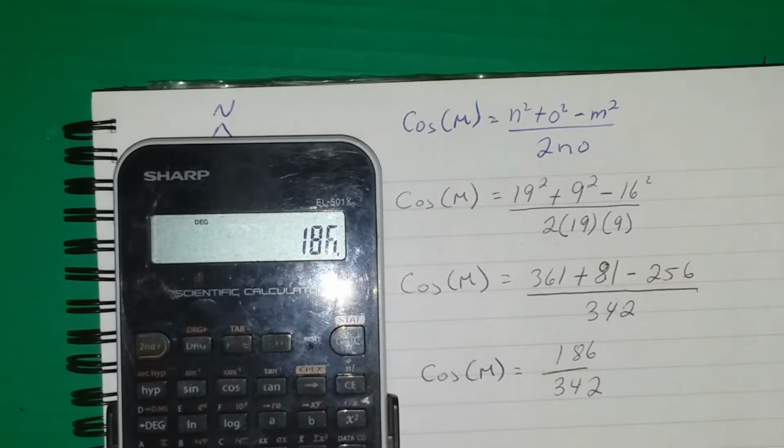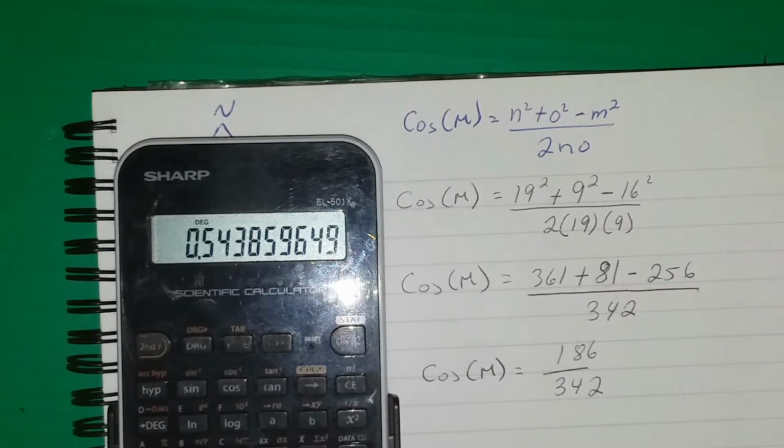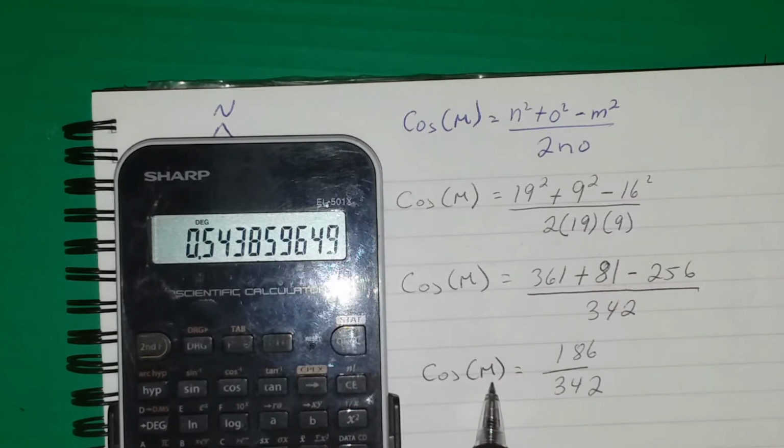If I do that, notice that if I say 186 divided by 342, my answer ends up to be 0.54385969. That is not accurate, so I quickly take a look at what I have missed. What I have missed is that this cosine of m here cannot remain like that.